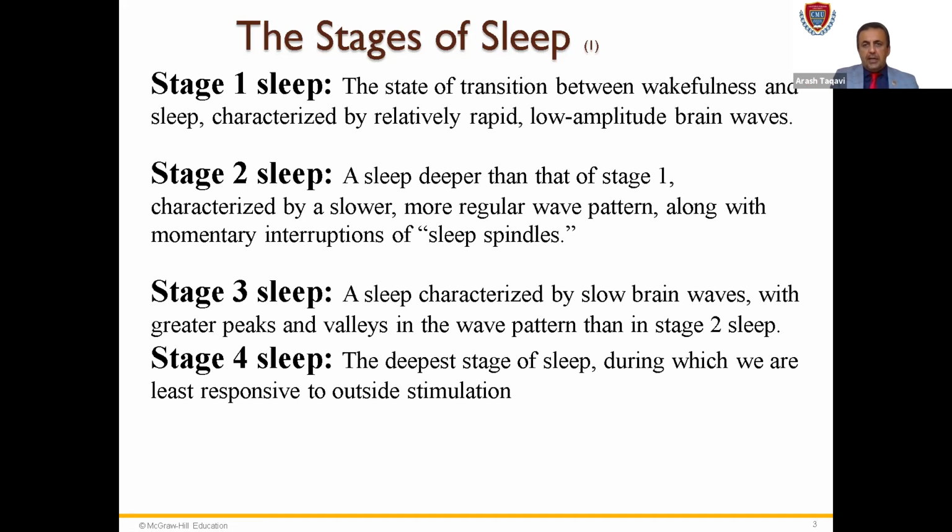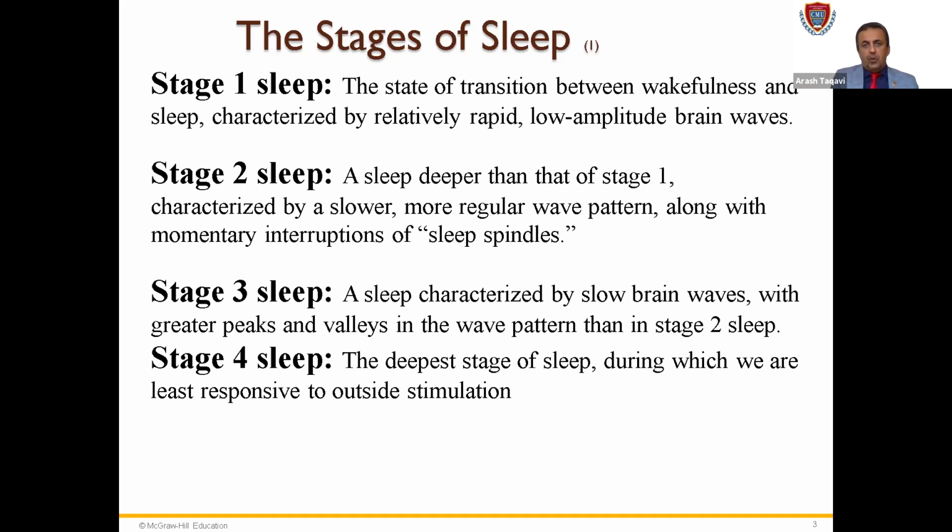Stage 3 is characterized by slow brain waves; we are going to the deep part of your brain activity. These are slow brain waves with greater peaks and valleys in the wave pattern than in stage 2, but slow in frequency.